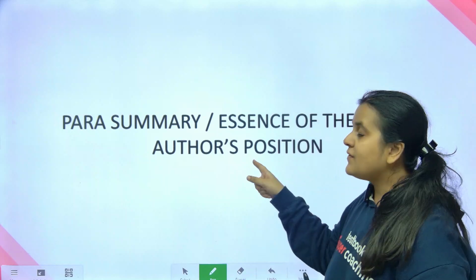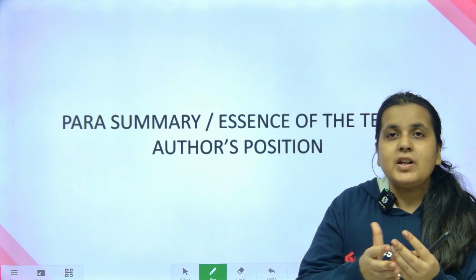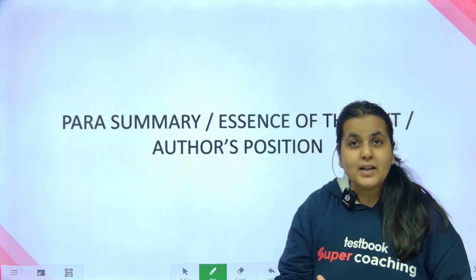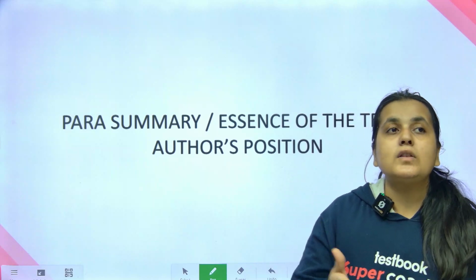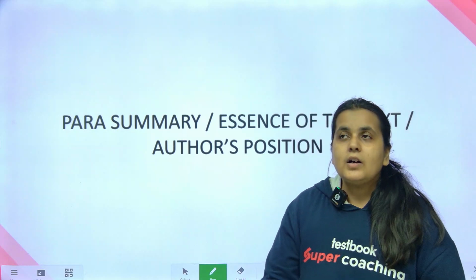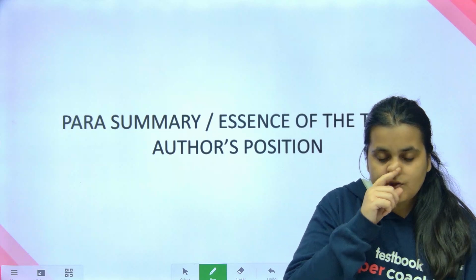Or, if the paragraph is very opinionated, wherein the author has a clear opinion on the topic, they can ask you to identify that author's opinion or that author's position.